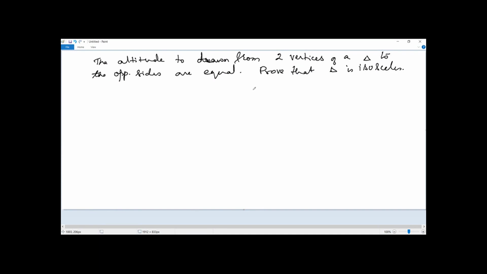So what should I draw now? What figure should be drawn? First, triangle. Name it ABC. Altitudes drawn from two vertices of a triangle to the opposite sides are equal.